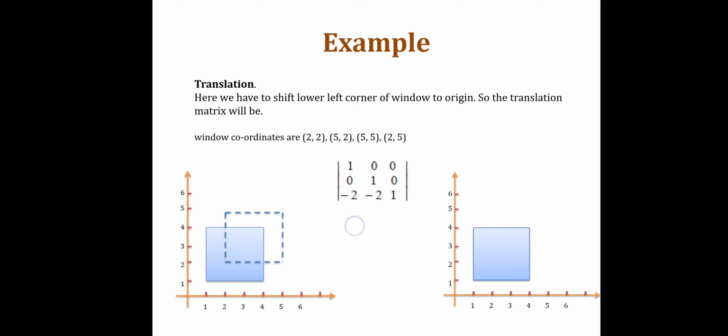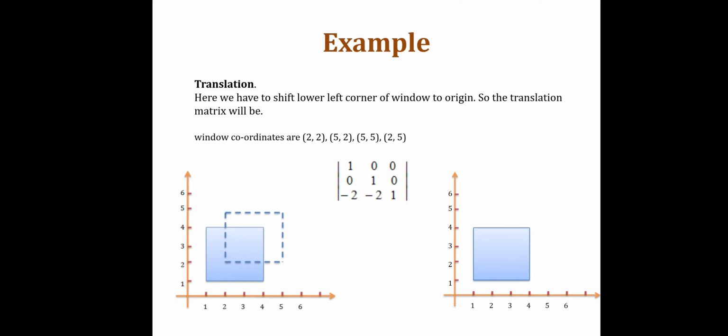So here, you can see, this is the place in a matrix where you have to represent the x coordinate translation, and here I am representing the y coordinate translation. Always we have to represent here tx, that is the x coordinate translation, and ty, that is the y coordinate translation. So by which value do I have to translate my x coordinate?